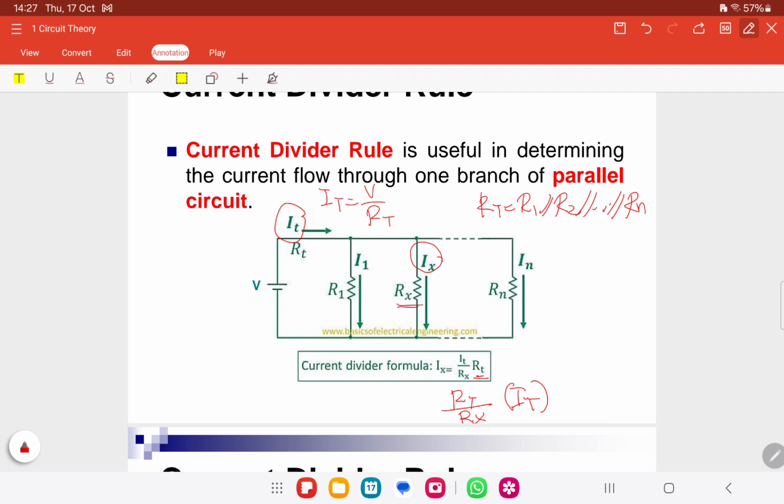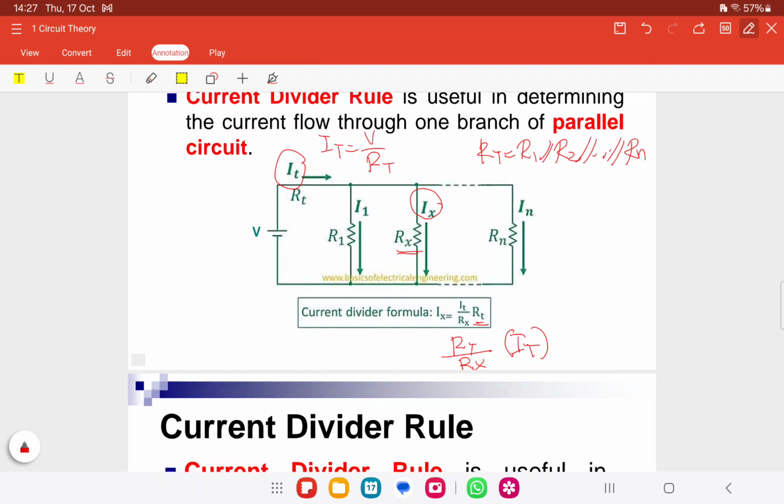Okay, parallel. How about I1? How do we get I1? It equals to R total over R1 multiplied with I total.